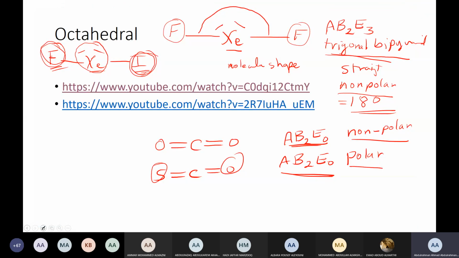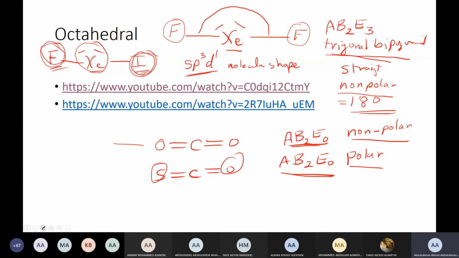I have another question here. What's the hybridization in this molecule? In XeF2, what's the hybridization? sp3d2? No, sp3d1. You must also know this.